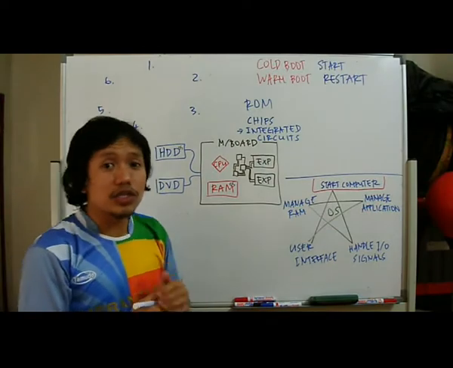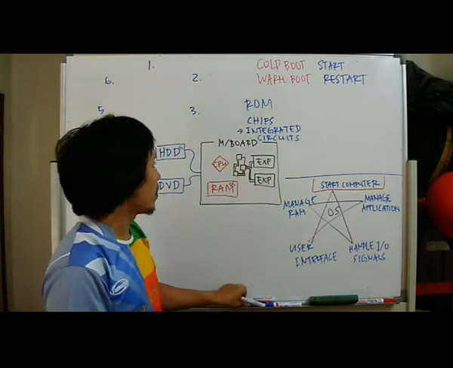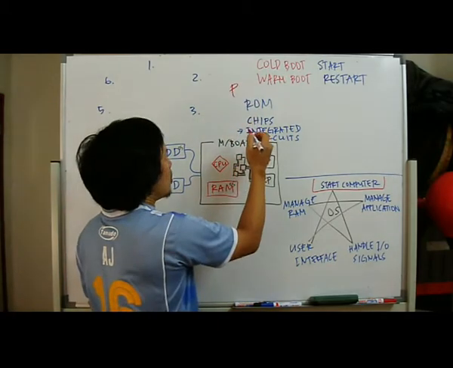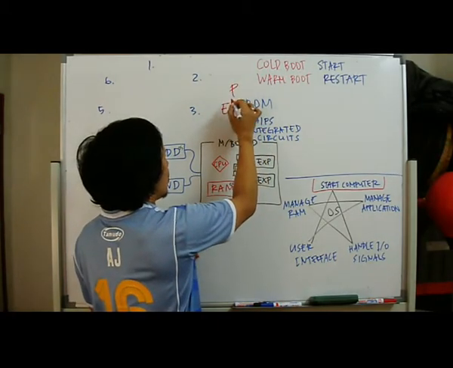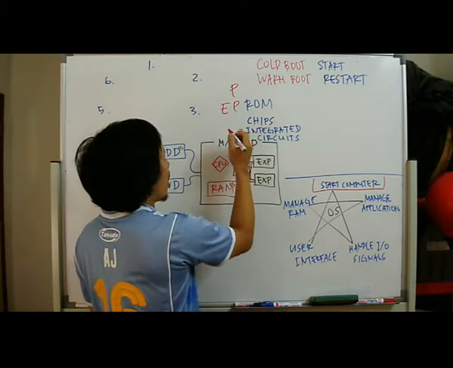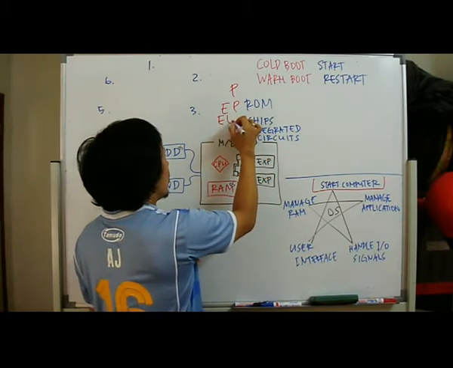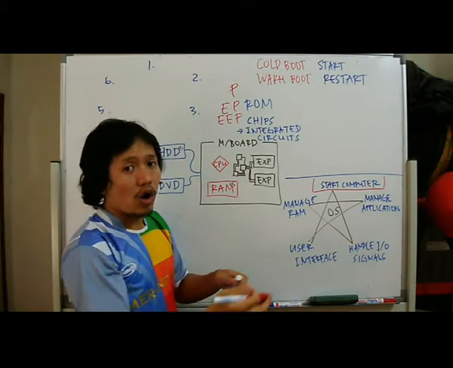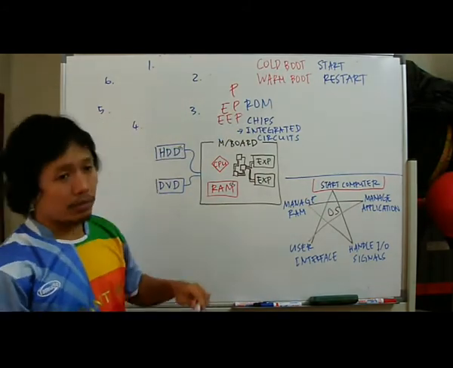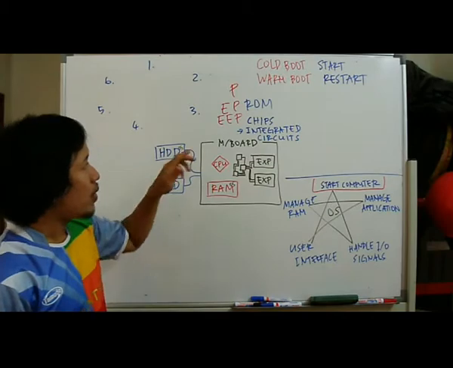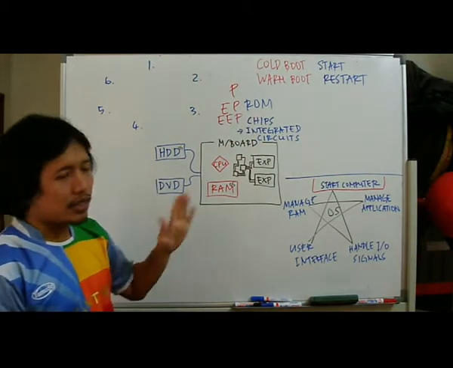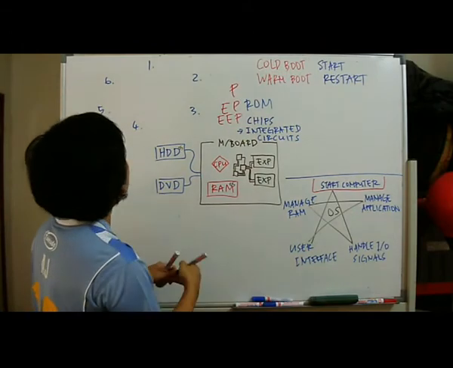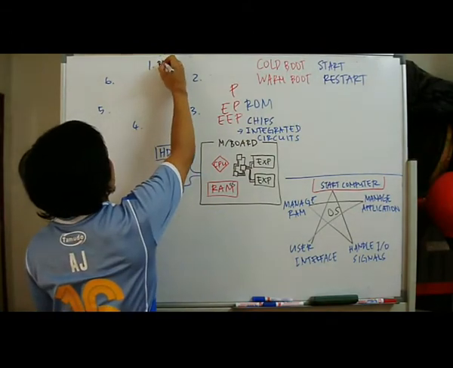And there are different versions of ROM chips. We have regular ROM chips, programmable ROM chips, electrically programmable ROM chips, electrically erasable programmable ROM chips, flash ROM, different kinds of ROM chips, right? Anyway, one type of ROM chip has this thing called the BIOS, which stands for Basic Input-Output System.